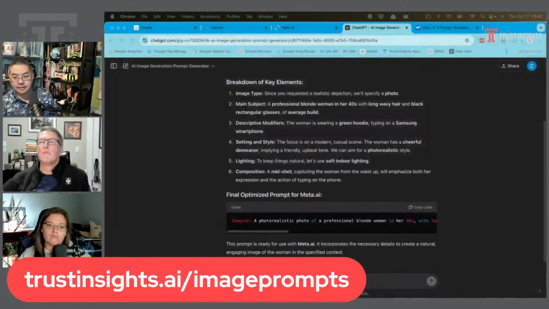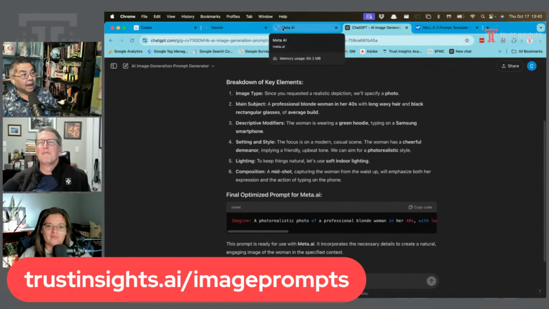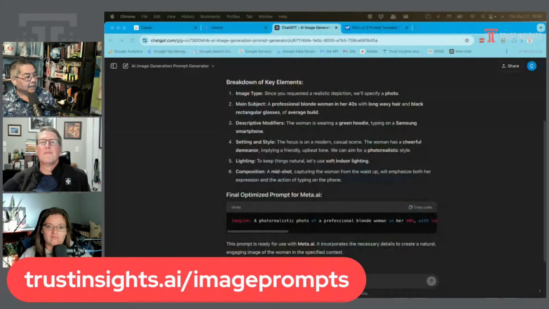Exactly. And so what I would encourage folks to do is if you would like to mess around. So one of the things that we did, OpenAI's Dall-E is not playing nicely, but the custom GPTs are. We have a custom GPT called the AI image generation prompt generator. I probably should have named that something else. But what it does is exactly what we showed on the show today.